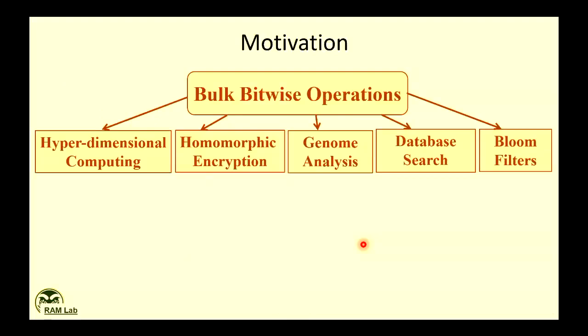Now, there is significant motivation for doing bulk bitwise operations inside the memory array, because bulk means a bulk amount of data. It can be genome sequence, right? When you sequence a human genome, it provides gigabytes of sequencing data.